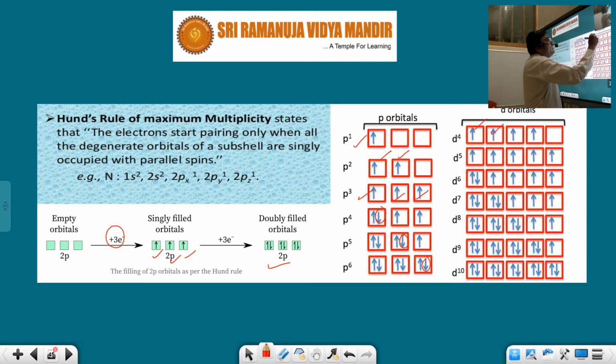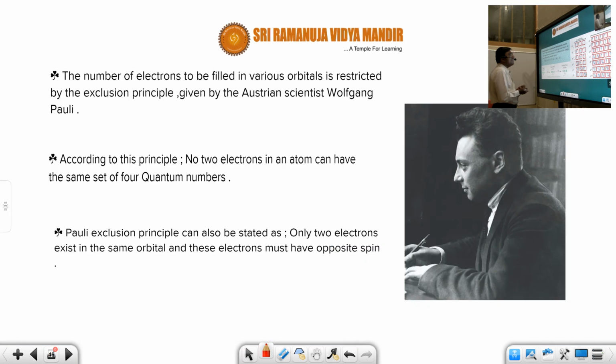Here also first you should be singly filled. This way you should write the electrons. So first of all, energy levels are defined by Aufbau. But electron filling in the energy levels is defined by Hund's rule. So I hope you understood. So here pairing takes place only after singly filled. I hope you understood. This is all about Hund's rule.